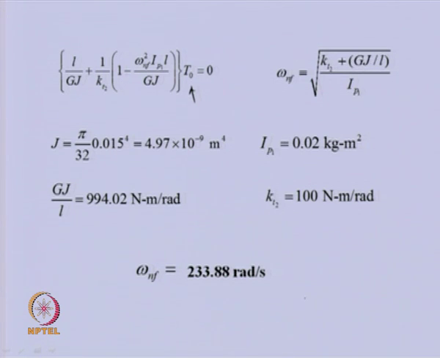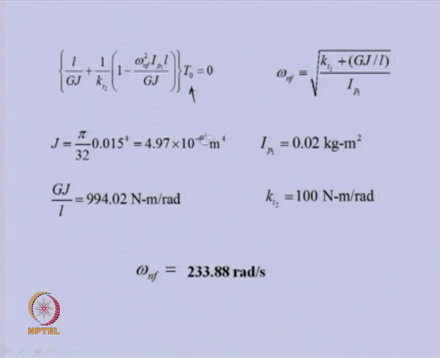As such, these two springs, in the form of the actual spring and in the form of the shaft, are basically connected in parallel. So that's why their stiffnesses are getting added directly, and this is the polar moment of inertia of the disc.